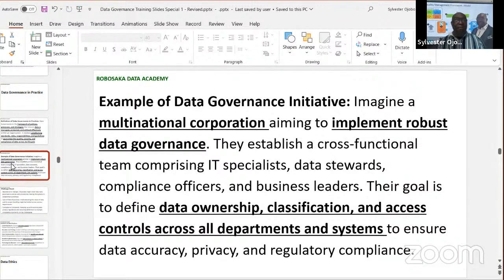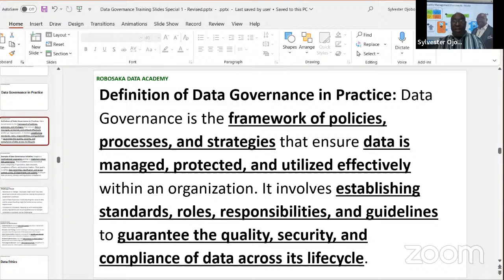Now, you see me, I'm taking you back, coming back to this place again. Guarantee the quality, security, and compliance. Compliance deals with privacy, and security deals with authorized and unauthorized access. So both security and compliance of data across the life cycle is called data protection.